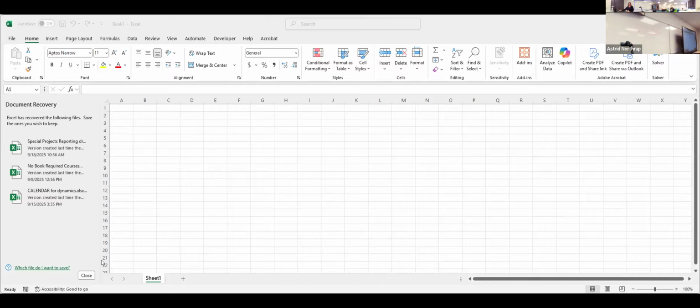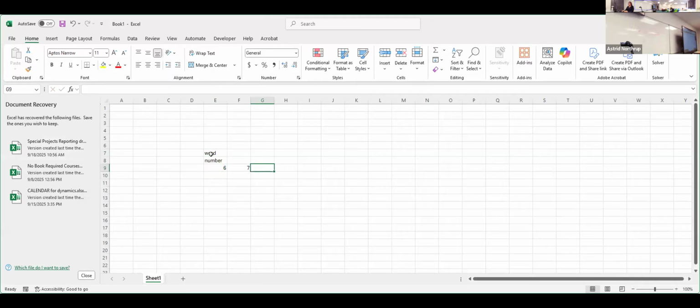Rows are labeled with numbers. And an individual cell is a combination of a column and a row. For example, the cell that I'm in right now is E7, and you can see that right here. Now you can do a lot of different things. You can put a word in here. You can put a number in here such as 6. And then you could put another number such as 7 over here, and then you could add them with a function.